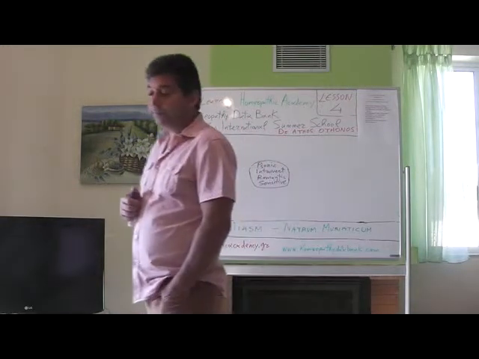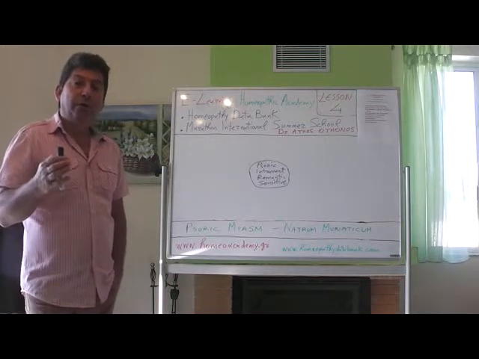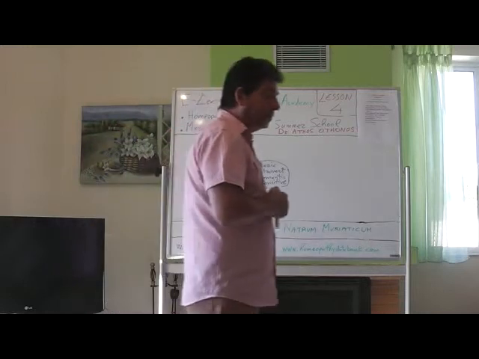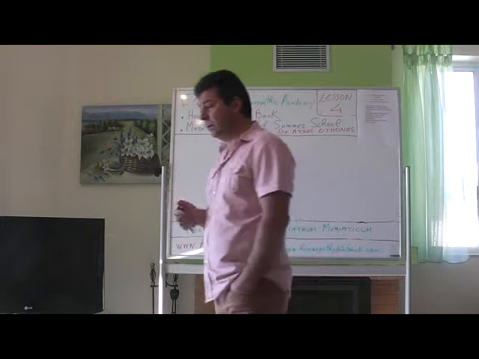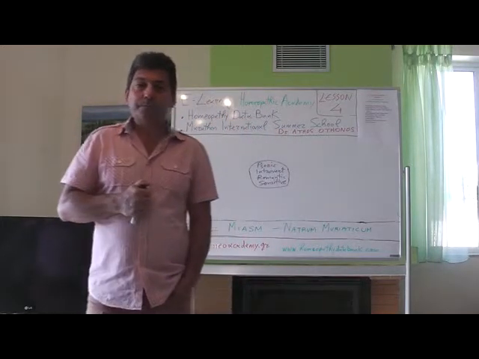At that time, we have a typical picture of the Natrum Muriaticum constitution. We have a young woman or an older woman. Let's start from the young woman.